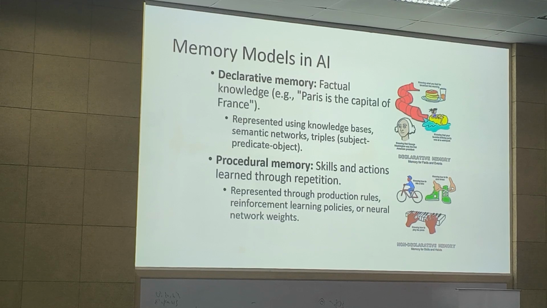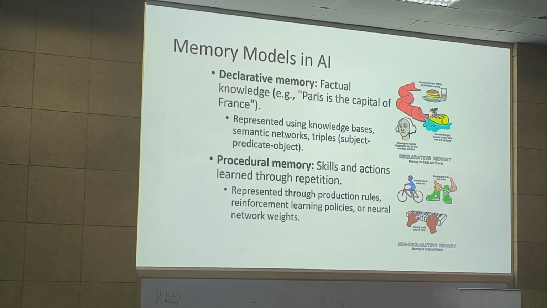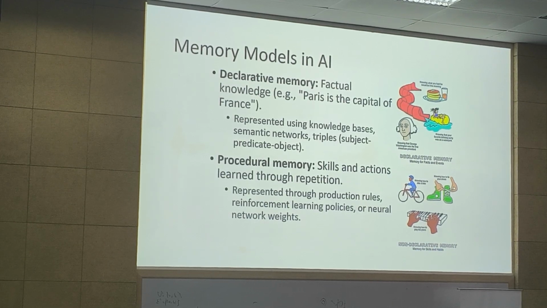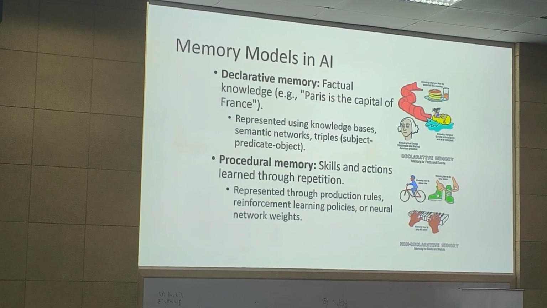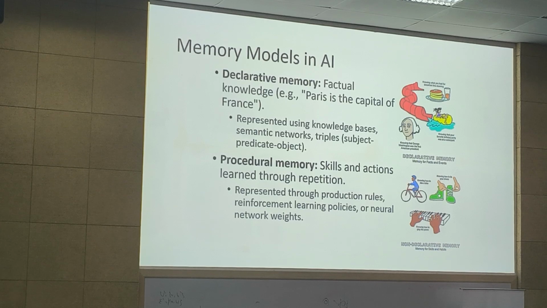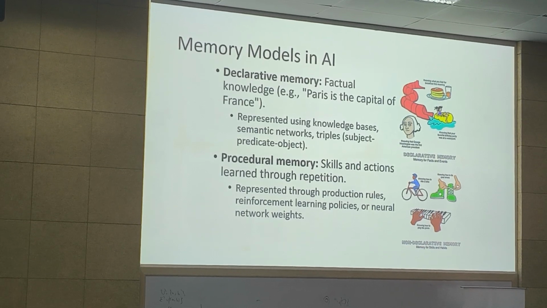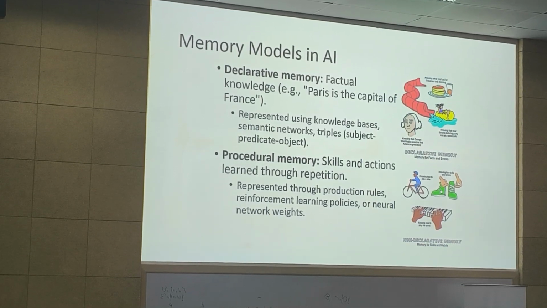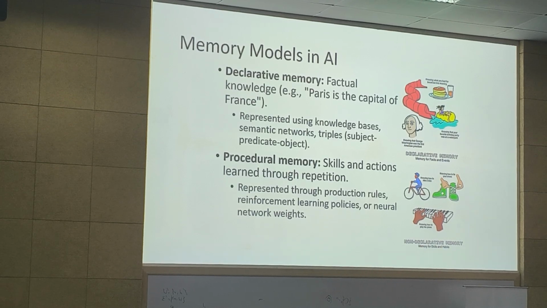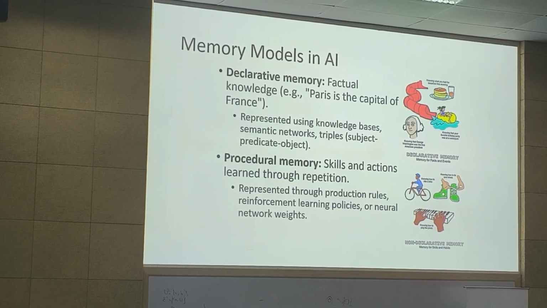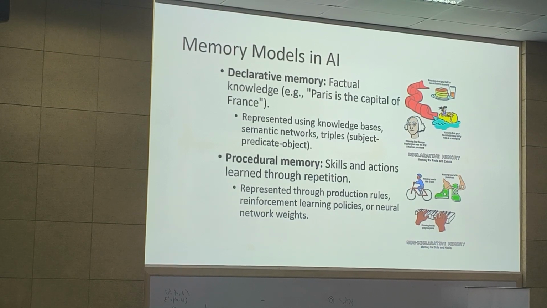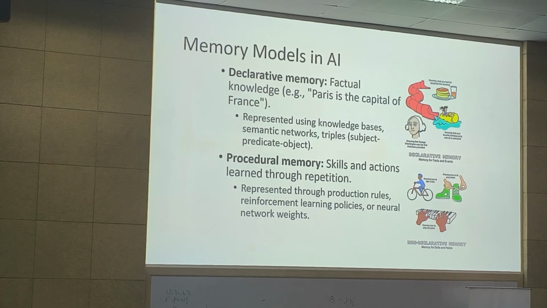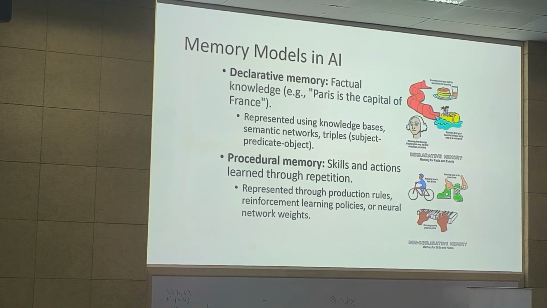So then we give more examples of those different models in AI systems. So for example, when we have declarative memory, these are representing factual knowledge that can actually be represented in the form of graphs, knowledge-based semantic network, or basically subject predicate objects. So these are basically the common types of how knowledge can be represented in AI systems. Okay, it's also got this procedural memory.